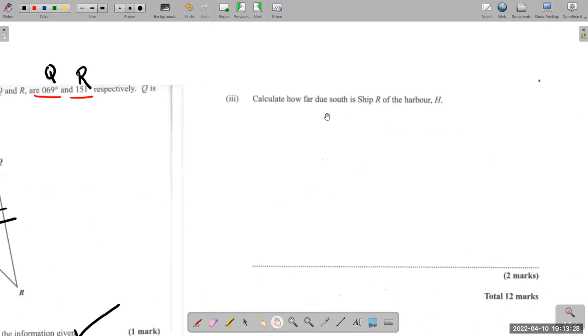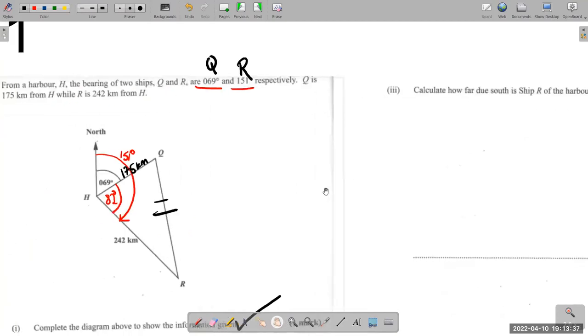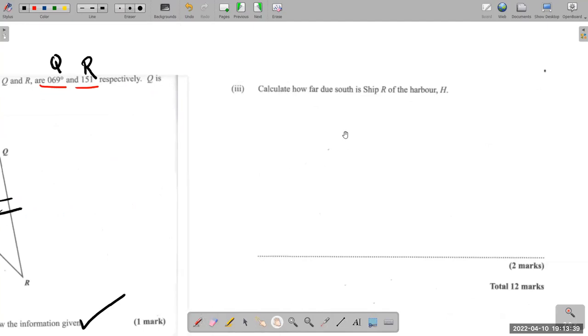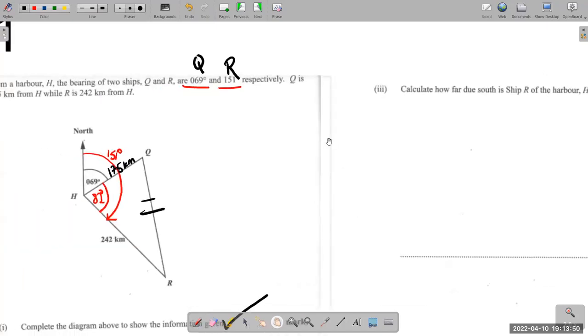They say calculate how far south the ship R is from the harbor H. So which distance are we looking for? Let me read that again. Calculate how far south, how far due south is ship R of the harbor H. Ship R, harbor H. Guess what I want you to do, guys?